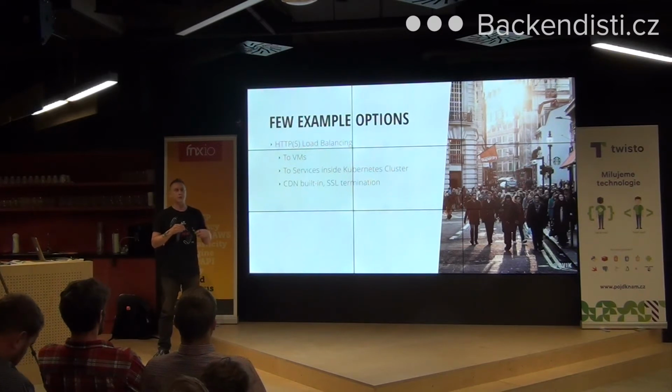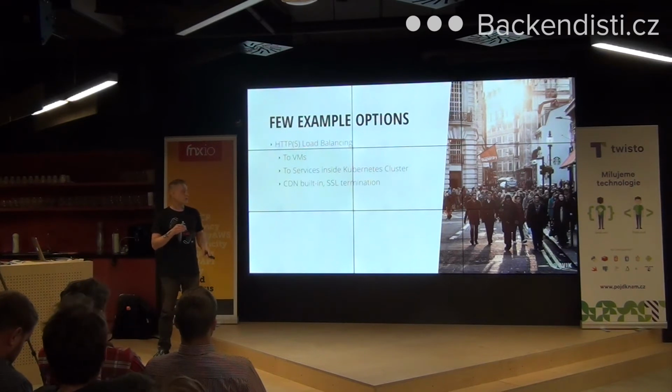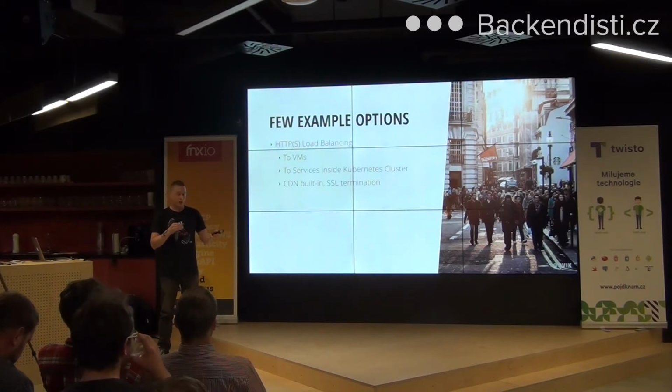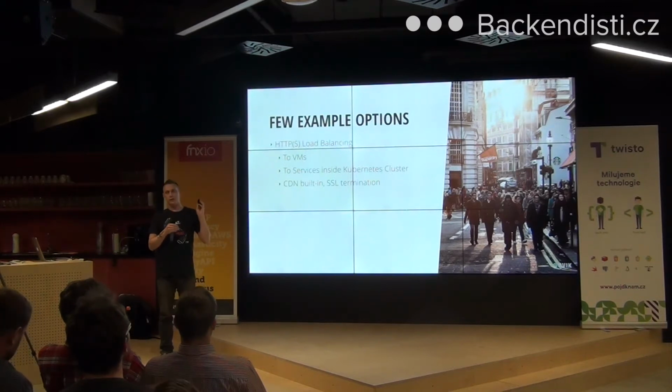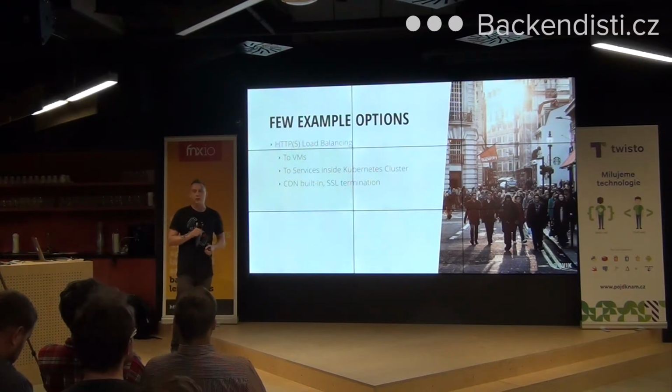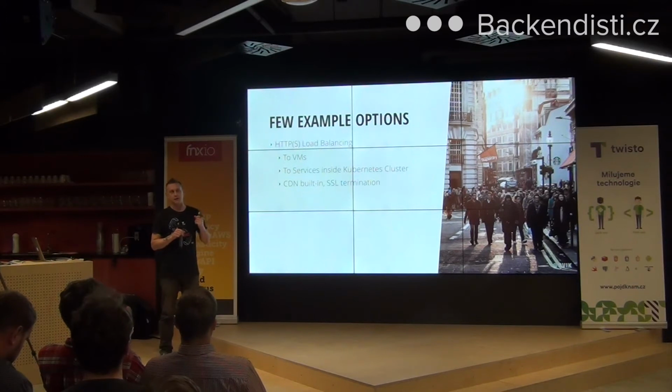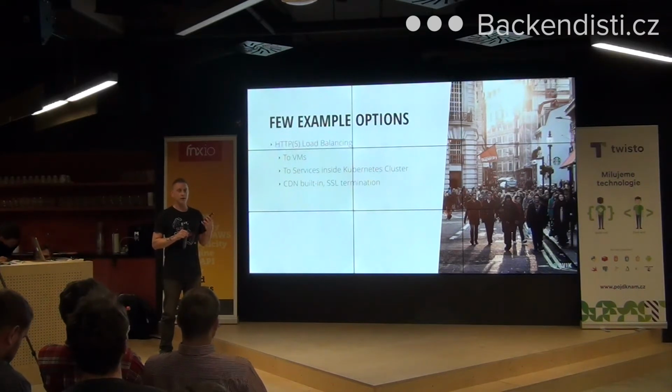So it allows you to terminate your SSL, etc., and continue from the load balanced endpoint back to your backend without HTTPS, so you don't have to distribute your keys all around your VM images, etc. And you can forward the incoming traffic to this load balancer either to your normal VM instances, the old school way, or you can forward them to your Kubernetes cluster using the container engine behind the scenes.